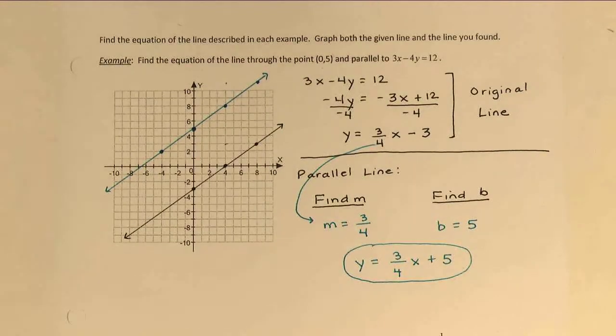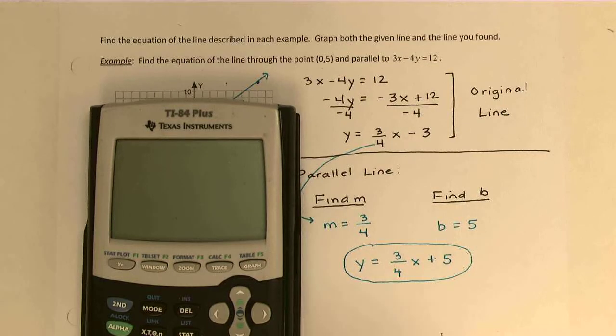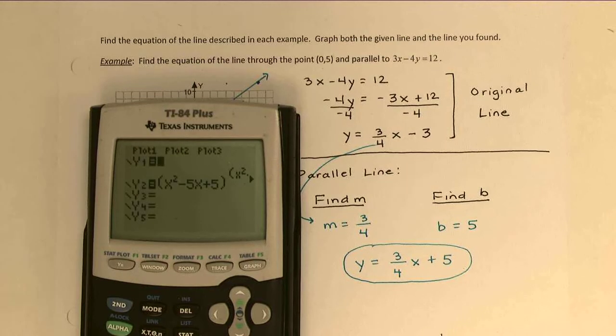One thing I haven't talked about yet is graphing lines, or really any other equation, on your calculator. So let's take a moment and do that. If you'd like to check that you got an answer correct, you can take a look at your lines. To do this, go into the y equals, and I'm going to clear out the other stuff that I had in here from before.